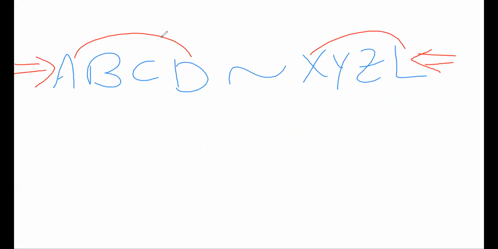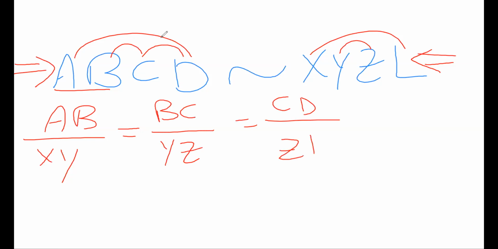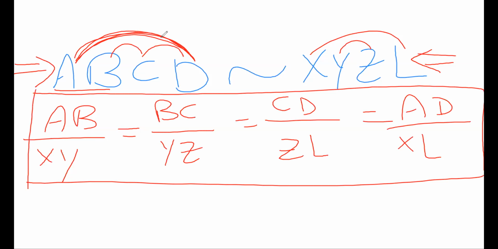So I will start AB over, from the other one, XY, equals BC over YZ, equals the third one CD over ZL. Then the fourth one is AD over XL, equal the constant. So this is the writing of the proportional sides.